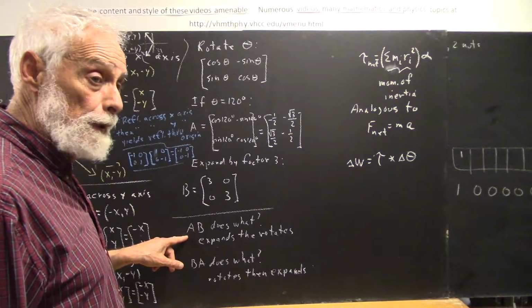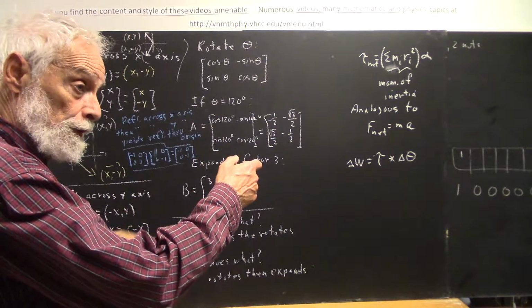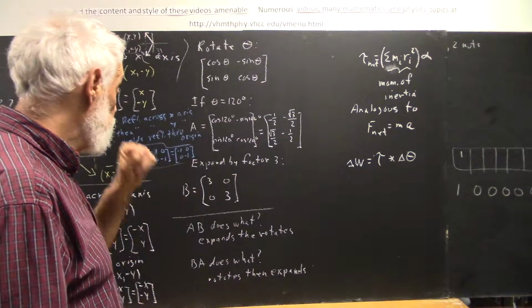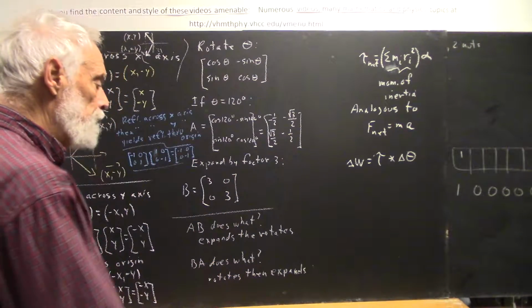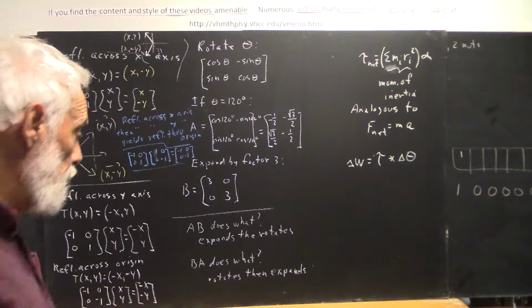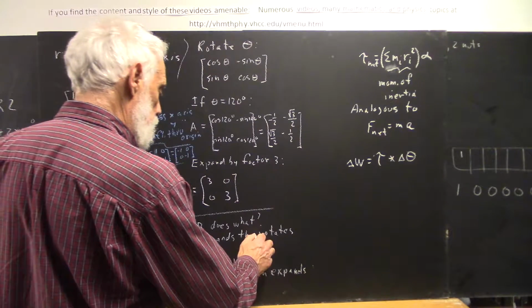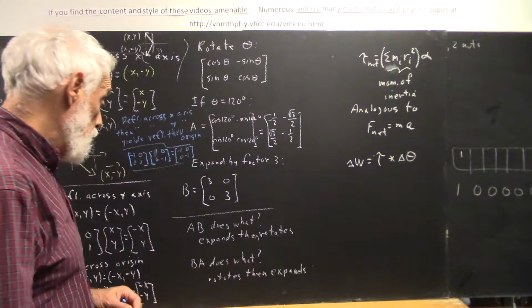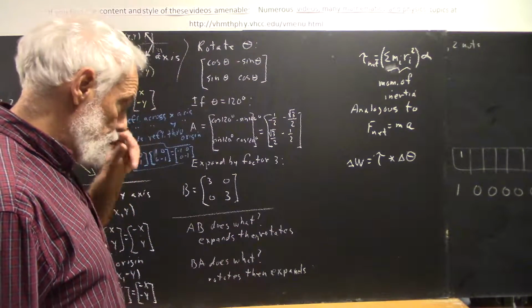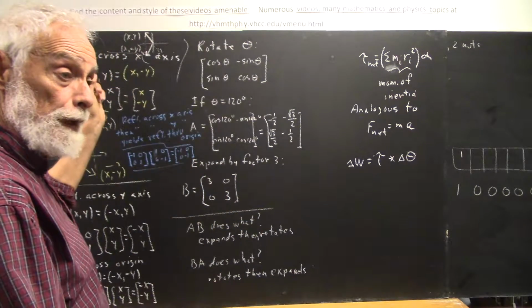Then you multiply it by the matrix A, and that rotates it 120 degrees. So we make it 3 times as long, we rotate it 120 degrees. So it expands, then rotates. Okay, BA does what? Well, BA will take your vector, rotate it 120 degrees, then expand it.